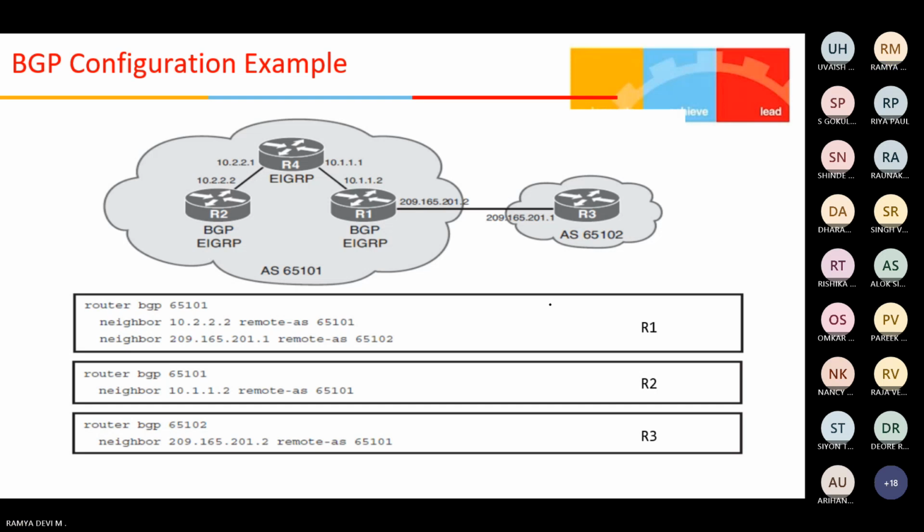So we have two autonomous systems, right? The numbers are 65101 and 65102. 65101 contains three routers, R1, R2, and R4, and 65102 contains one router, that is R3.